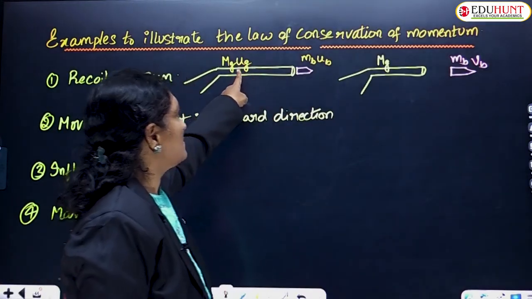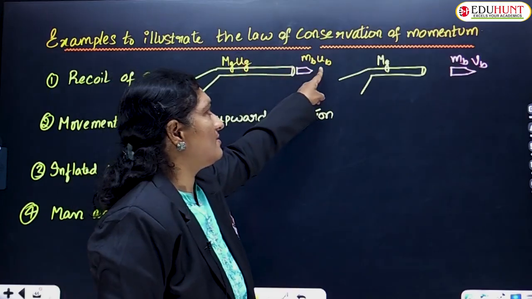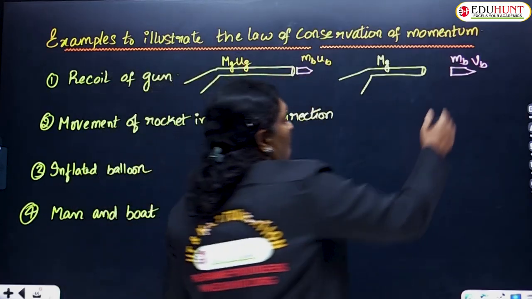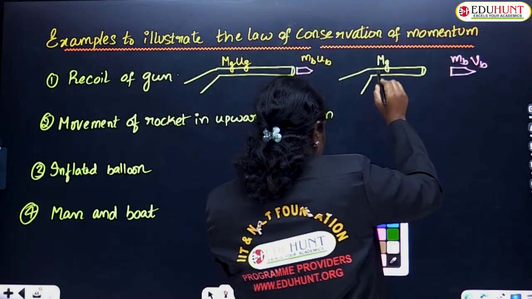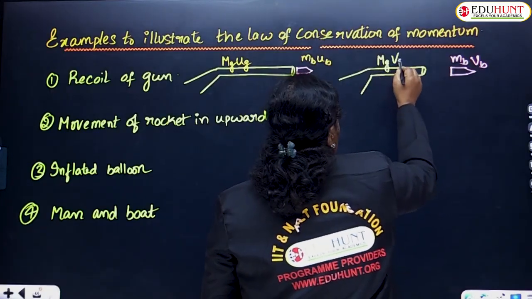The initial velocity of the gun is ug, the initial velocity of the bullet is ub, the final velocity of the bullet be vb and the final velocity of the gun be vg.